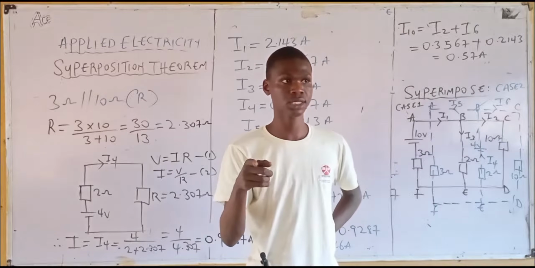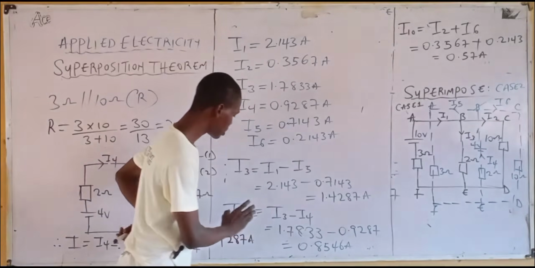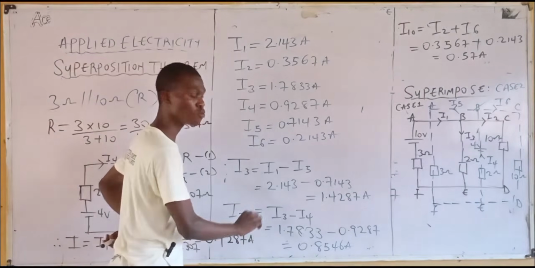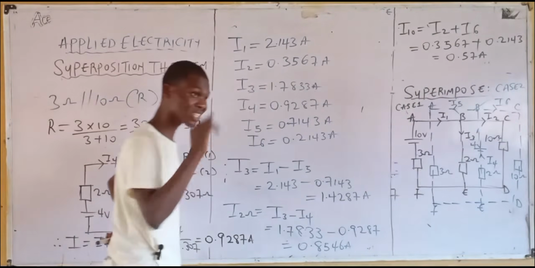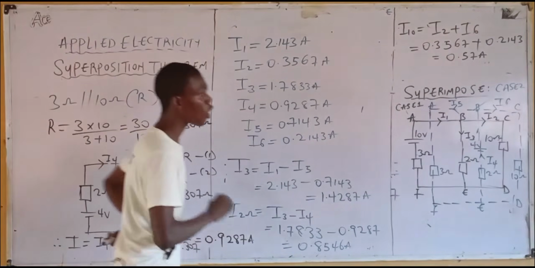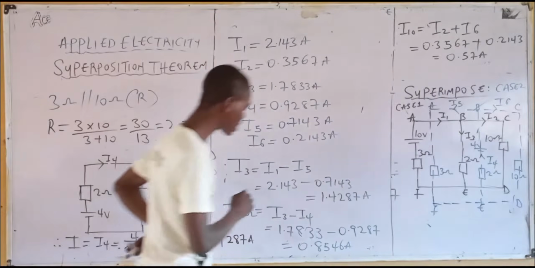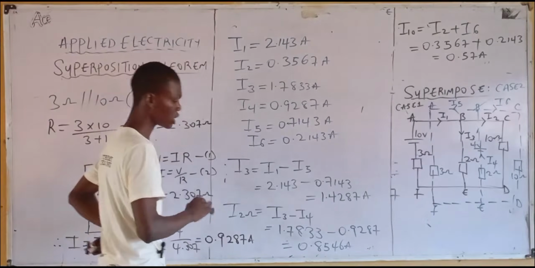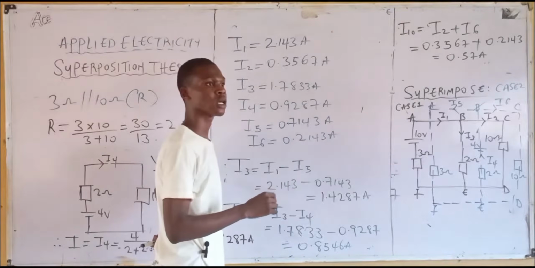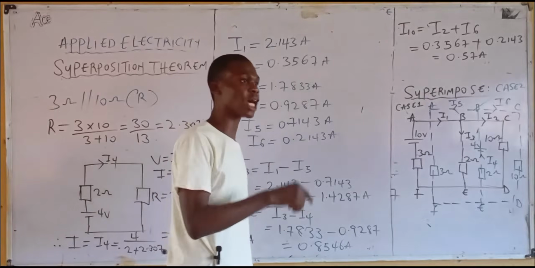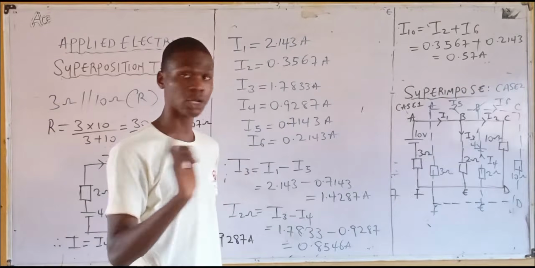The way you've written current of 2 ohm resistor to be 0.8546, you can still write it as current of 4 volts, because they are in the same branch. So current of 4 volts equals 0.8546, open bracket, charging or discharging. We will get there.